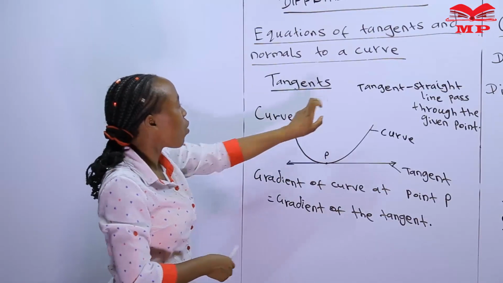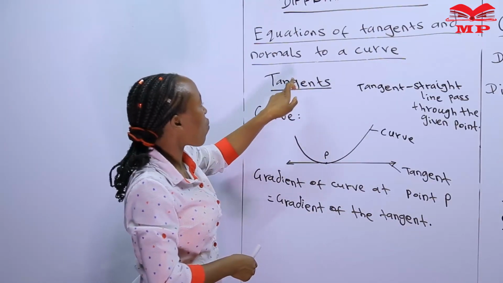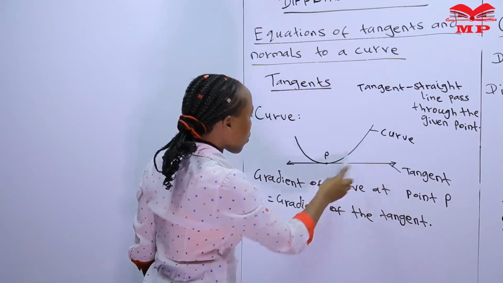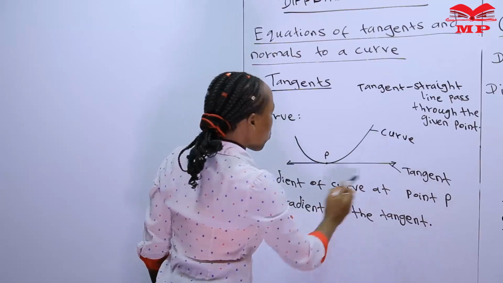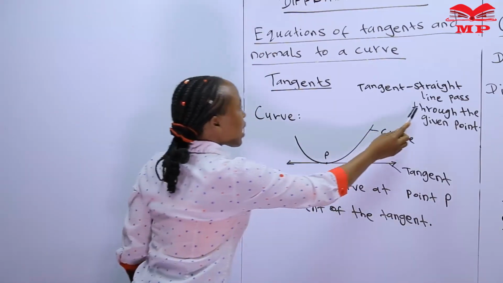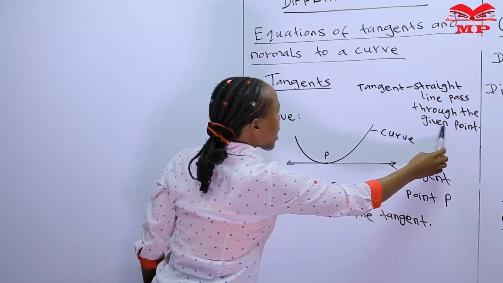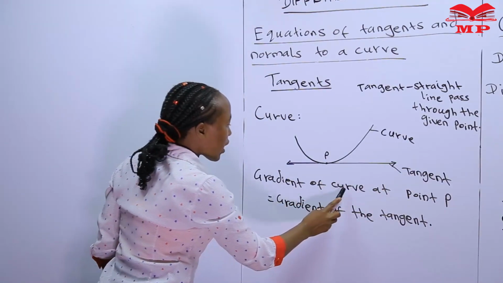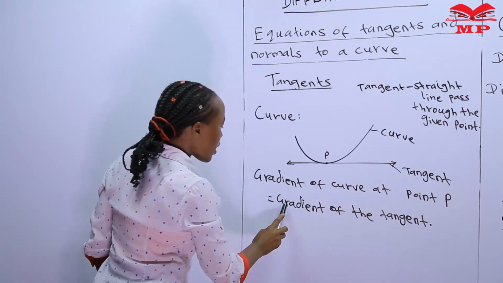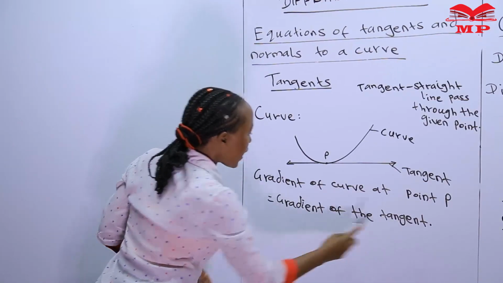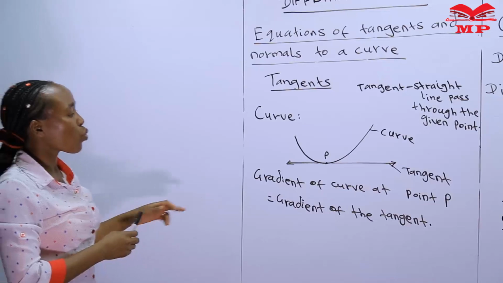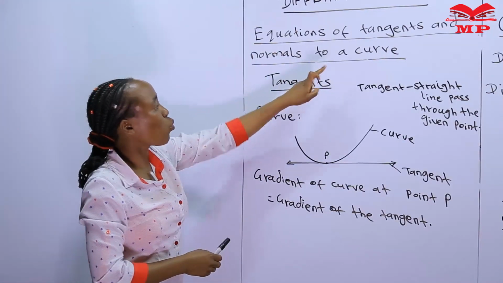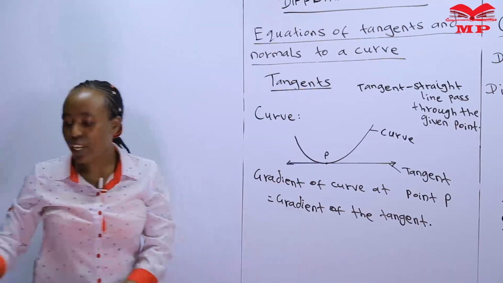So we have seen that when we are getting the equation of a tangent, we need first to get the gradient. And for us to get the gradient of the curve at the point, we need to draw the tangent, which is a straight line passing through the given point only once. So the gradient of the curve at this point P is equal to the gradient of the tangent. And therefore, we want to know how we can get the equation of a tangent to a curve when we are given an equation.